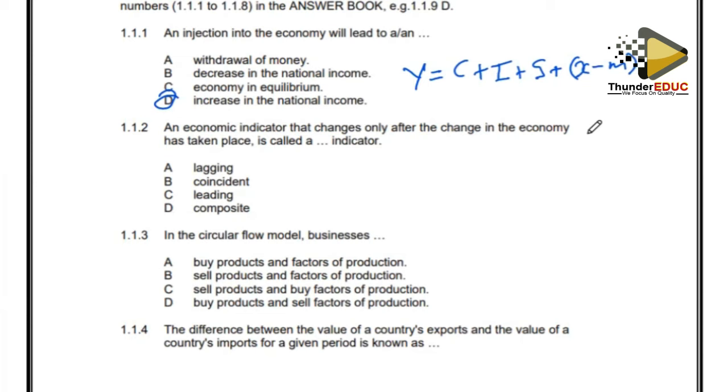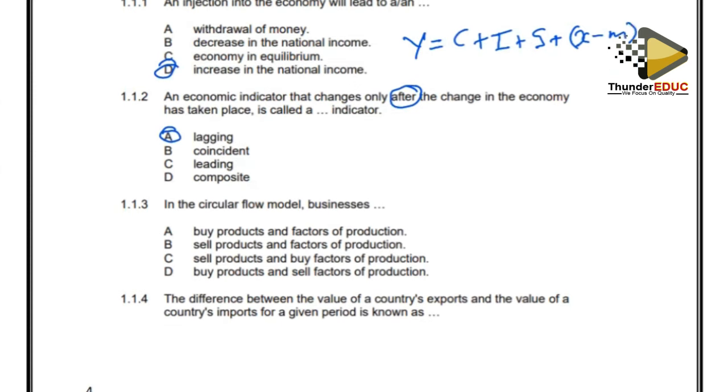Leading changes before the economy changes, and composite takes into account all the other three indicators. So because of the word after, this calls for the lagging indicator. And if you check the given options, our lagging indicator appears as option A. Okay, right, grade 12. So now let's move on to the next question.